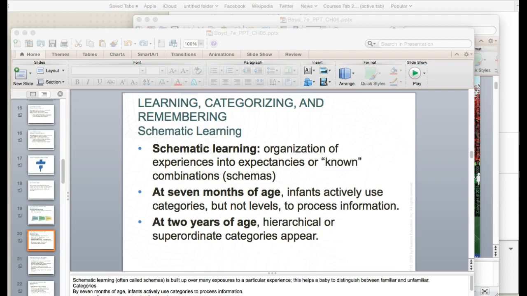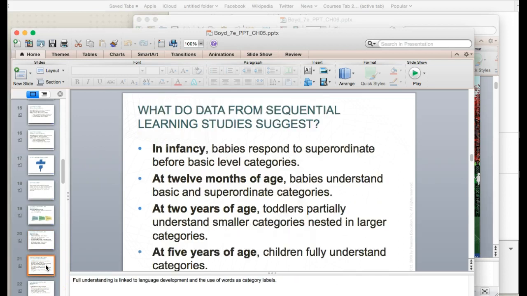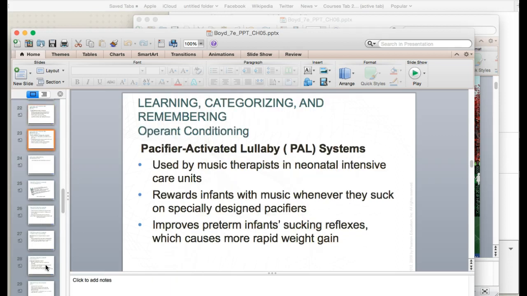So once the baby has touched the hot stove and they burn themselves, that's how they know, okay, I don't need to touch that because it's hot, it will burn me. So that speaks to the learning of the different expectancies or experiences they may encounter. So let's move on.